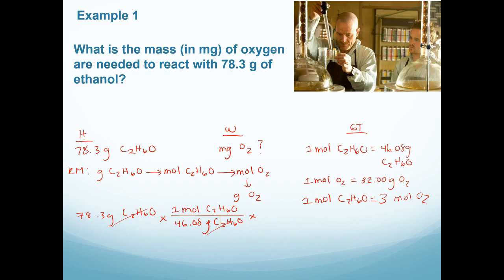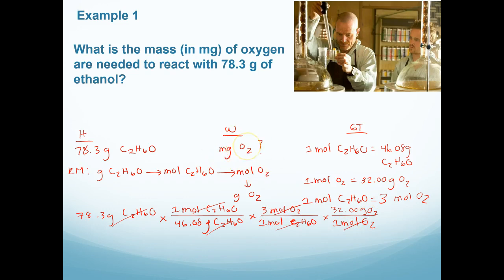Now we want moles of ethanol on the bottom, so for every 1 mole of ethanol, we have 3 moles of oxygen that we are reacting it with. And then we said for every 1 mole of oxygen, it's going to weigh 32.00 grams. If we make everything cross cancel, we're left with the units we want.